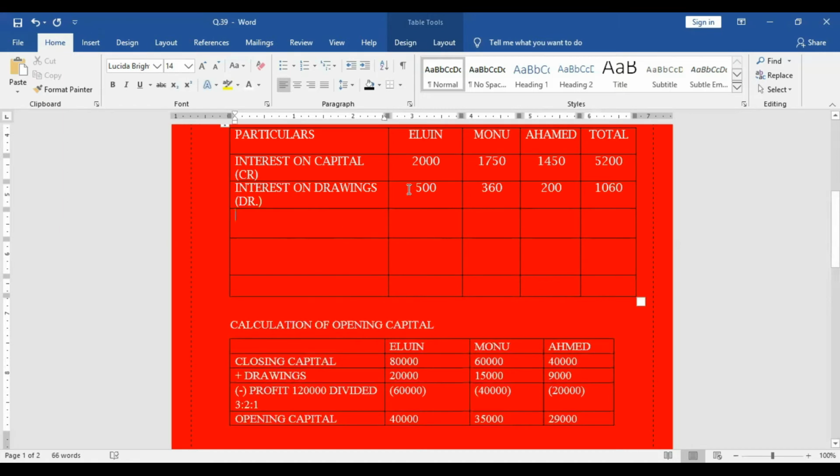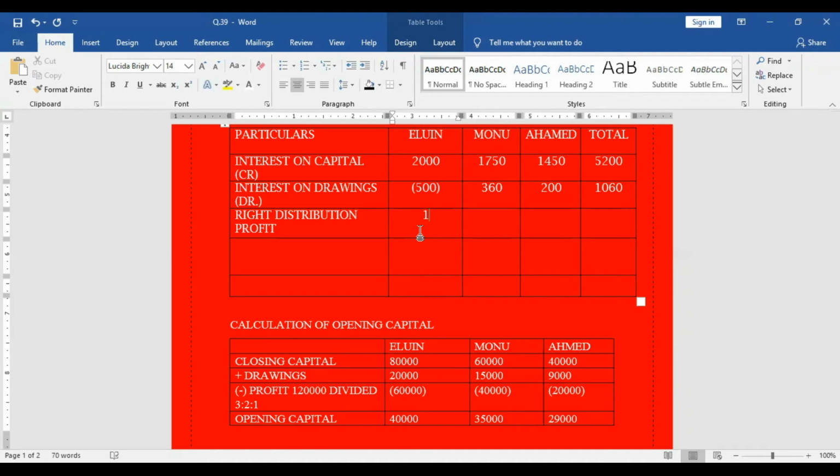Now the difference between total credit and total debit will be the right distribution of profit, or appropriation, into the partner capital accounts. For Yelun, 2,000 minus 500, the negative item, will be 1,500.